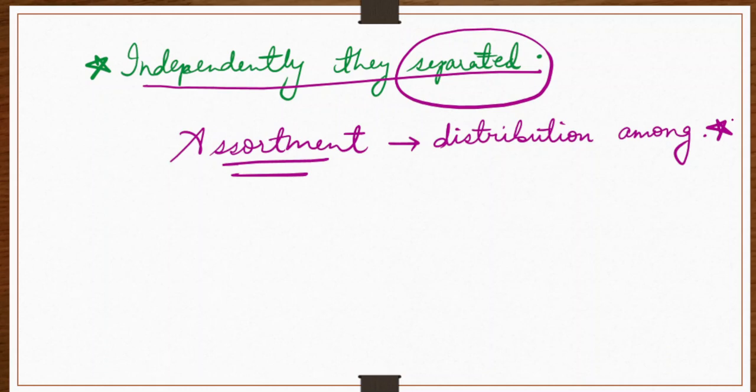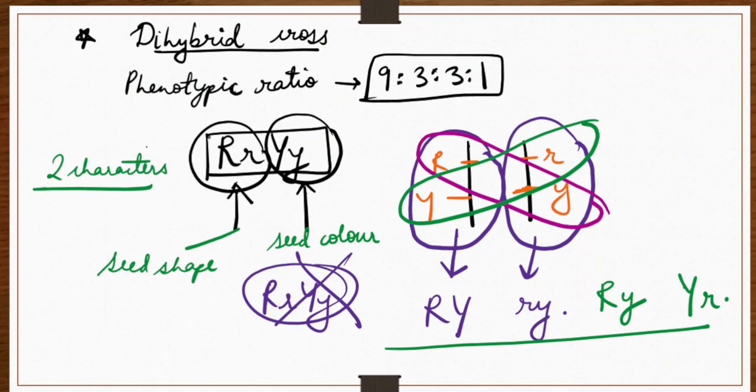What actually happened? There were two pairs of characters, and each pair of characters had contrasting factors, contrasting alleles. If there was round seed shape, there was wrinkled seed shape, these were two contrasting traits, so they separated.